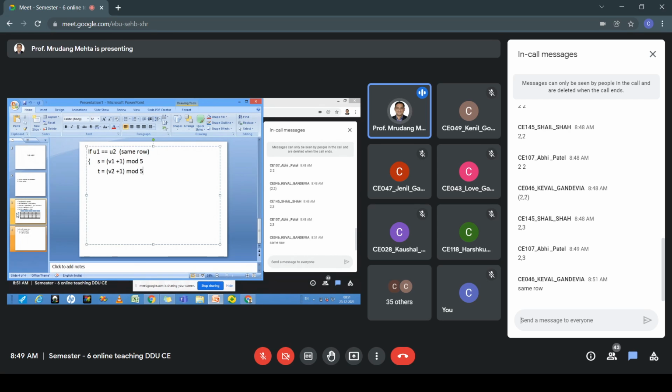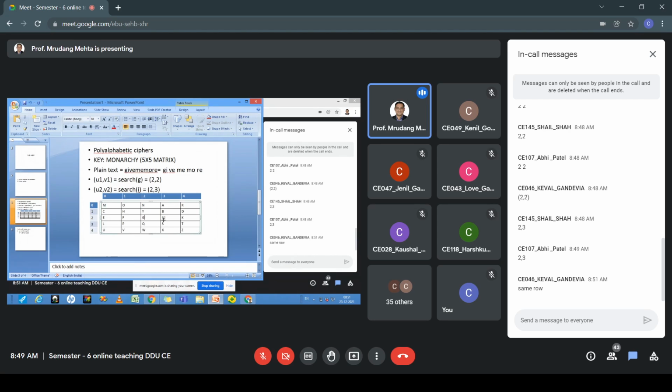If you look at this matrix, for G the V1 value is 2. So 2 plus 1 is 3, and 3 mod 5 is 3. So that is I. Okay, I and J, let's say we have only I. So G is replaced by I, and for I the location is 2 3.